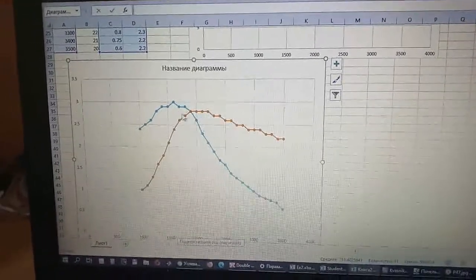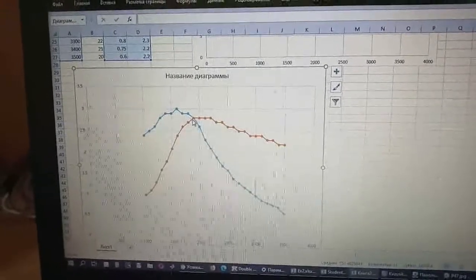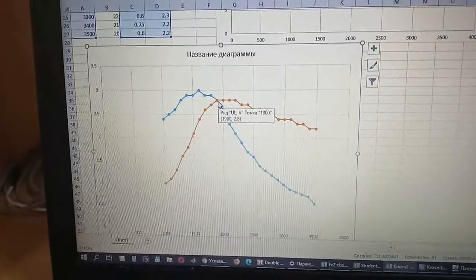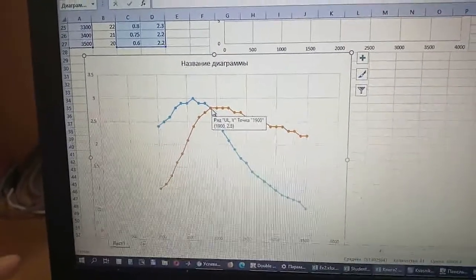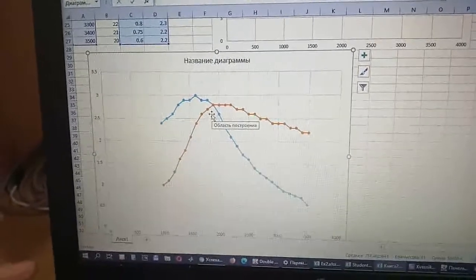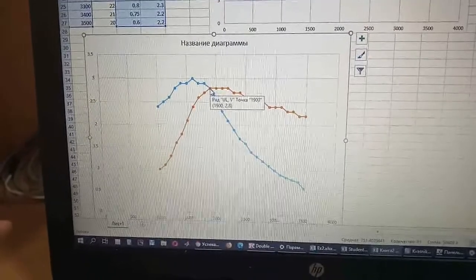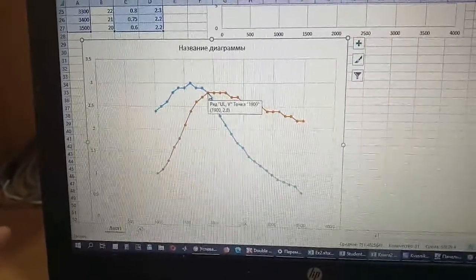And there is a point of crossing of two lines. At this point, the voltage on the capacitor coincides with the voltage on inductor, and in our case this point corresponds to 1900 Hz.